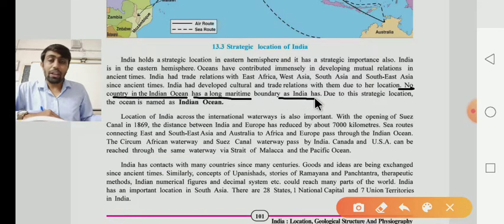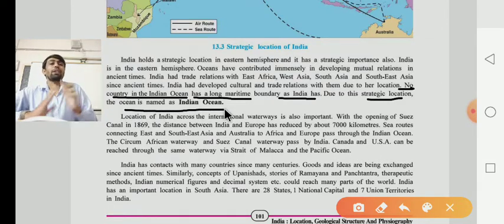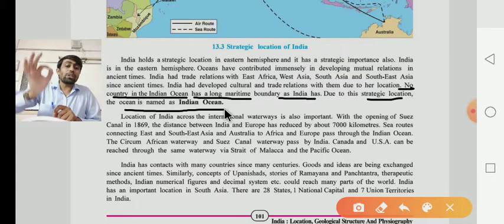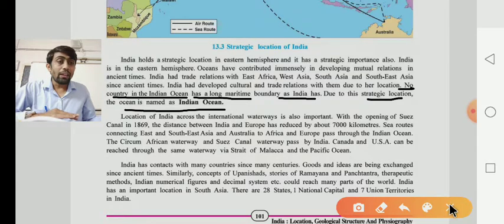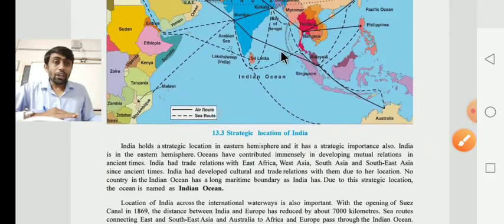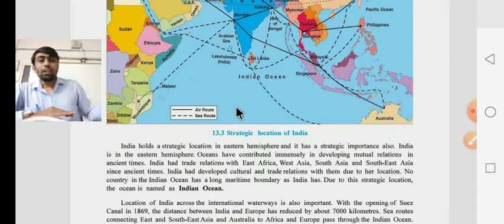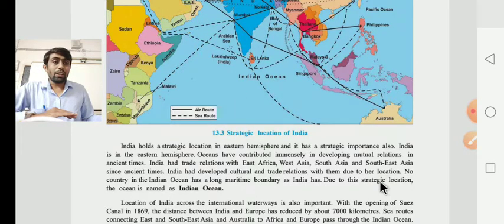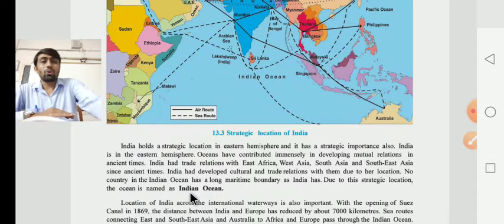Due to this strategic location, the ocean is named the Indian Ocean, and we take this benefit for transportation.